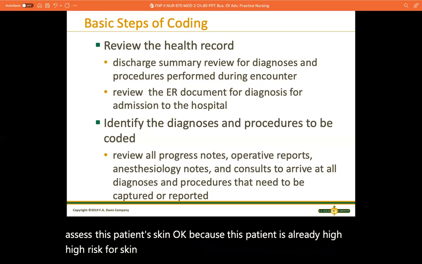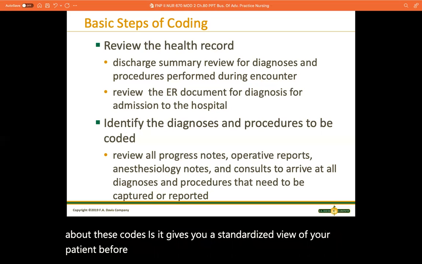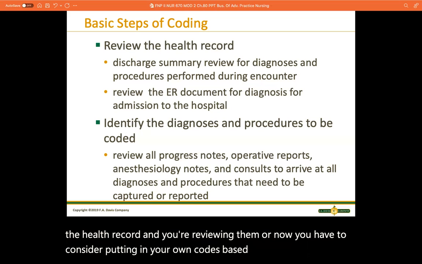All right. So that's a beautiful thing about these codes: it gives you a standardized view of your patient before you even walk through the door. Either they're in the health record and you're reviewing them, or now you have to consider putting in your own codes based on what you're observing and what you're about to do.